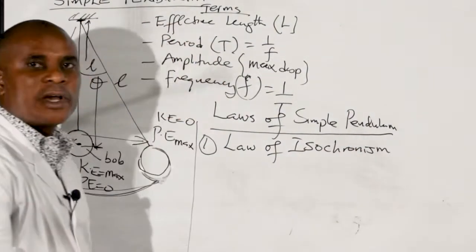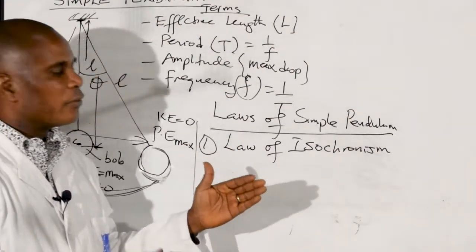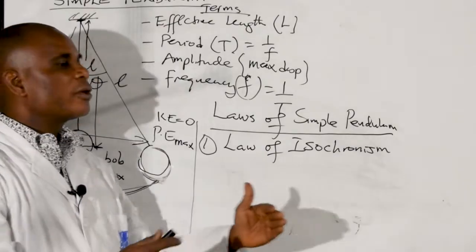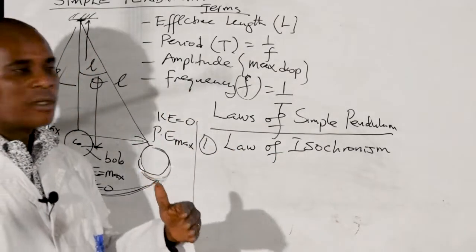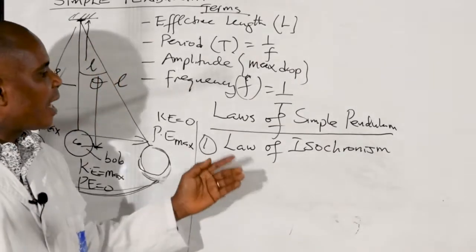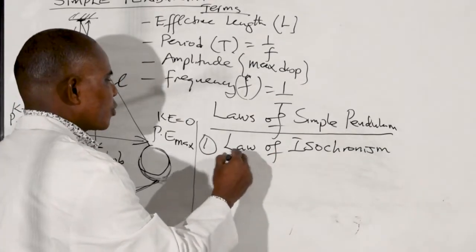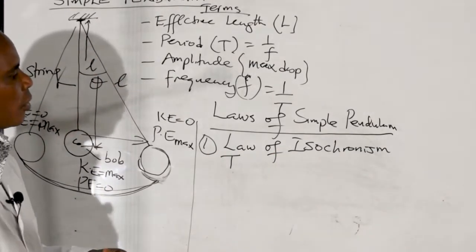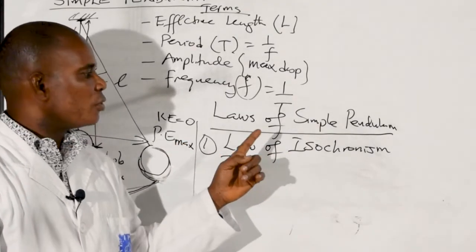The law of isochronism states that if you do not go to an extreme amplitude, meaning if you do not exceed a particular angle, the period is going to be independent of the amplitude.